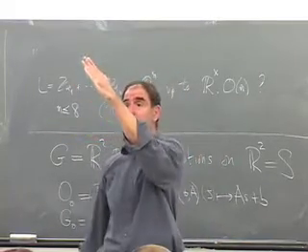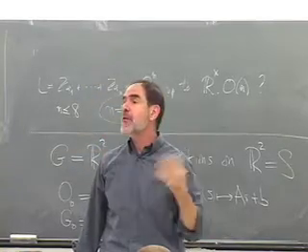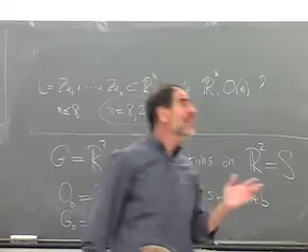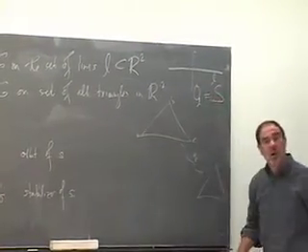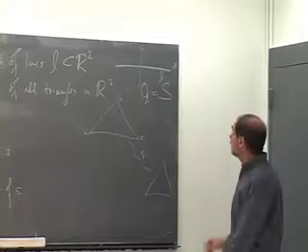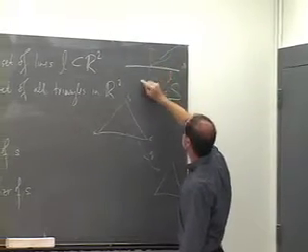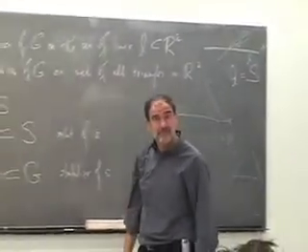Because any line through the origin has some fixed angle, and rotating by that angle, I could go to there. So now if I have the whole group, what would be the orbit? Every line. The orbit of L is equal to the set of all lines, because if I have any line up there, I can translate it to a line through the origin, it has some fixed angle, then I rotate to that angle.